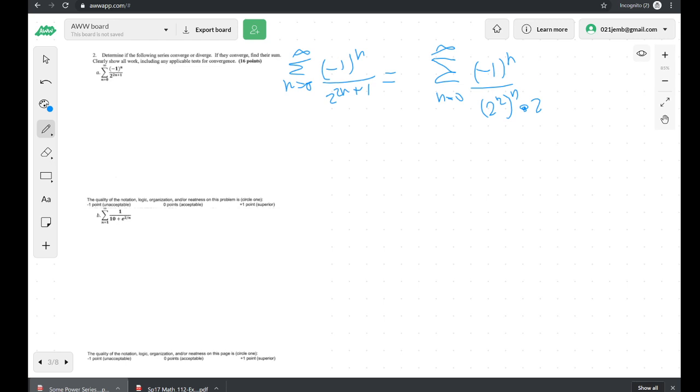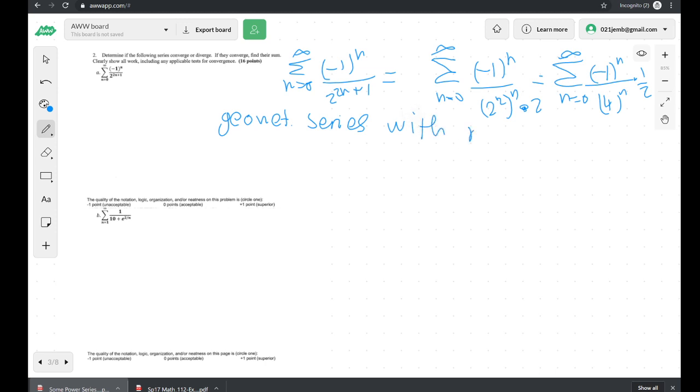So that's going to be the sum from 0 to infinity of (-1)^n divided by 4^n, and then times 1/2. So it's a geometric series with r in absolute value less than 1. In this case, r is equal to -1/4, and a is equal to 1/2.